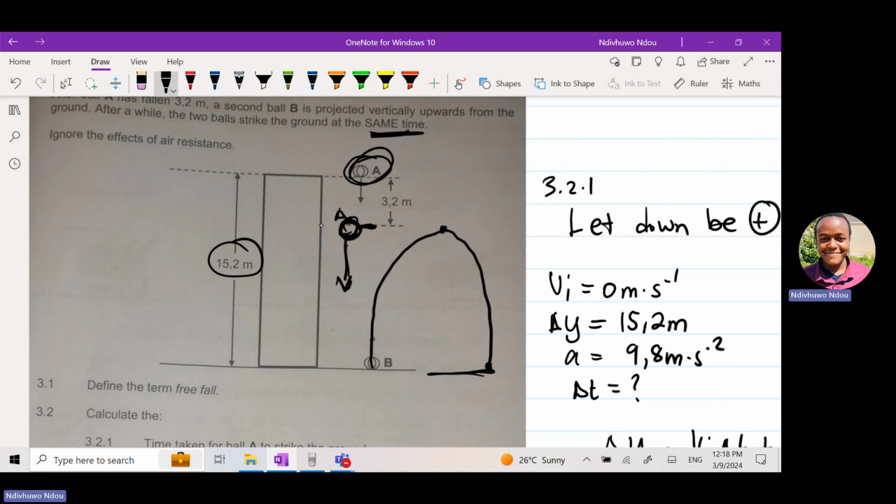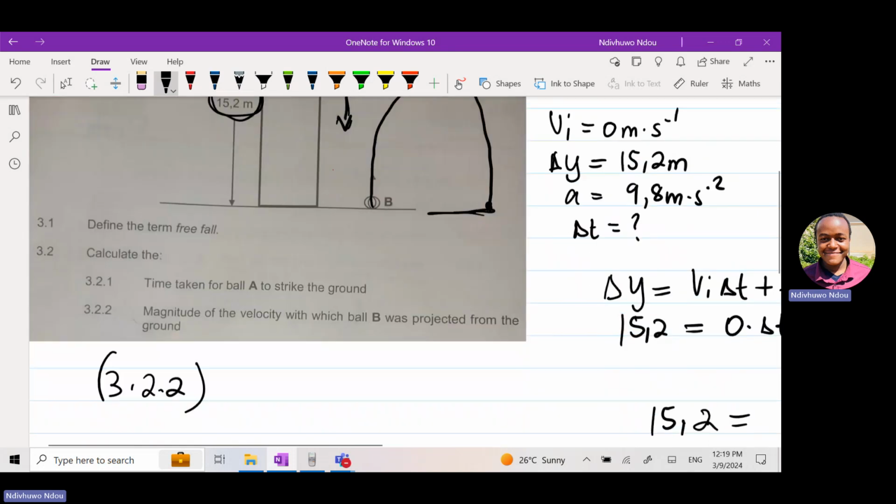So now the height changes, because the new height will be 15.2 minus 3.2, since the projection of ball B only happens when ball A has moved down 3.2 meters.